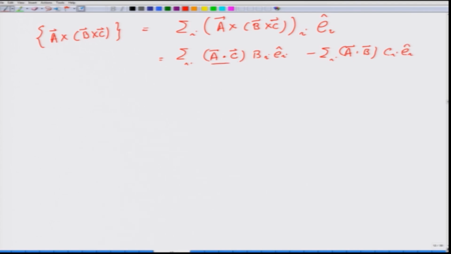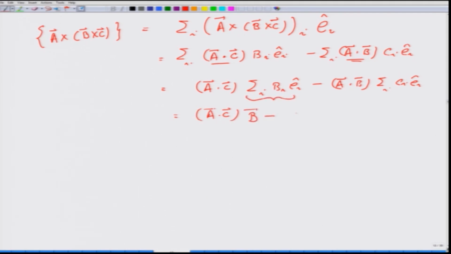Now, A dot C and A dot B are scalar quantities, so they come out: A dot C summation i B i e i minus A dot B summation i C i e i, and these are nothing but A dot C, this is vector B, minus A dot B vector C, and that is your answer.